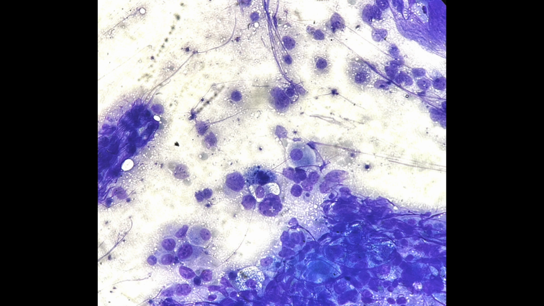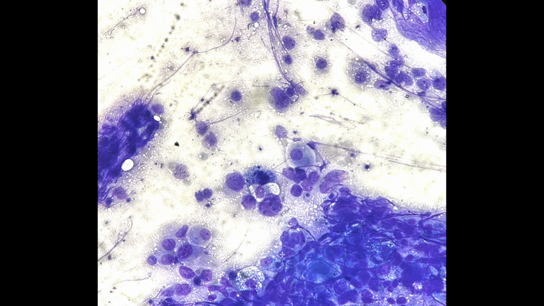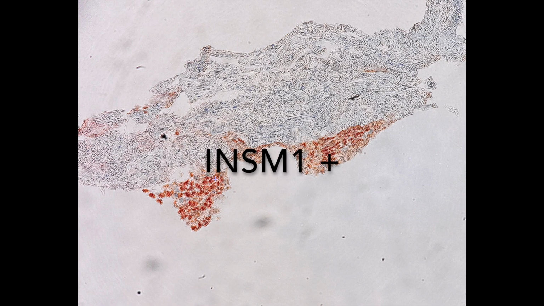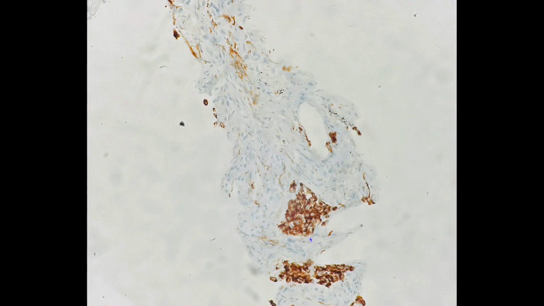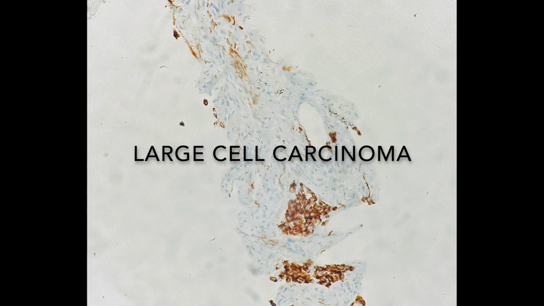Of note, they have these prominent nucleoli, kind of like a cookie here. There is some molding as well. And here in the cell block, you have some rosette-like structures or nested architecture as well. Here, INSM1 is positive, nuclear, and your cytokeratin is positive. So this was good for large cell carcinoma.